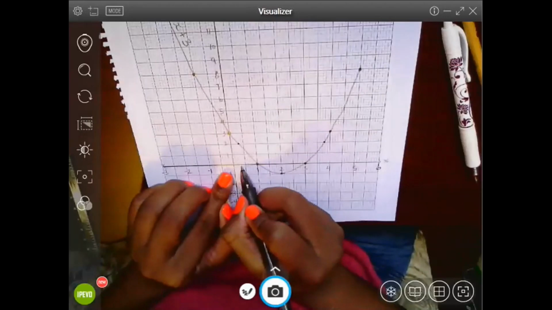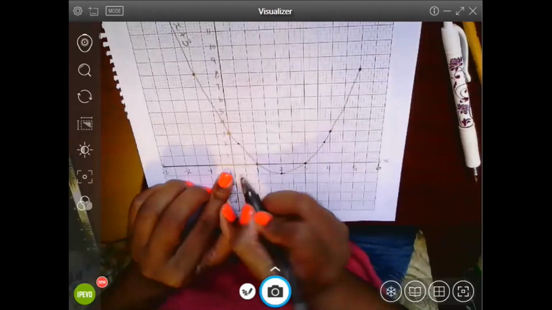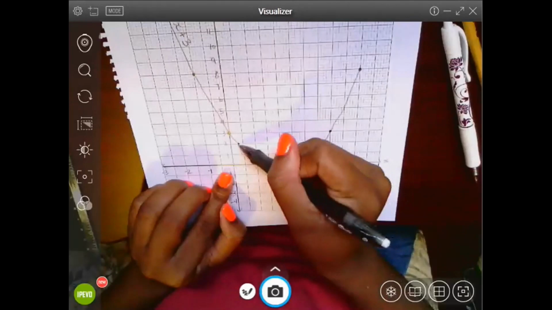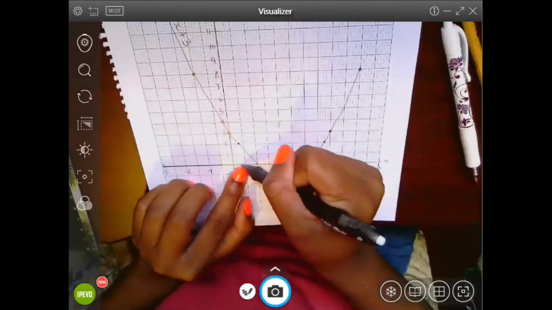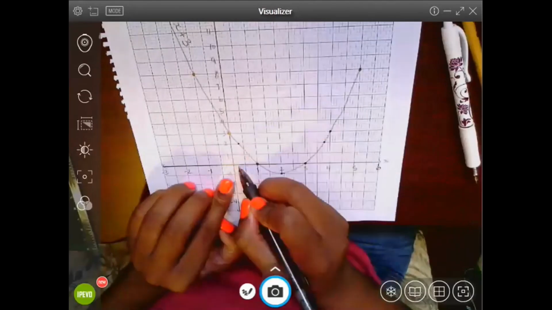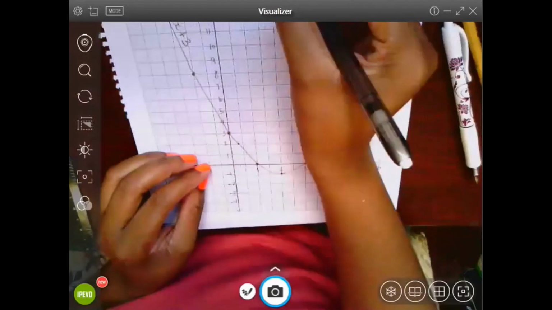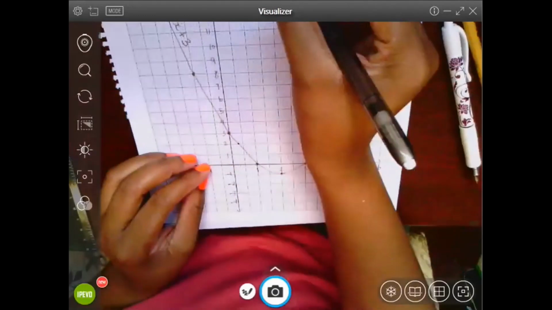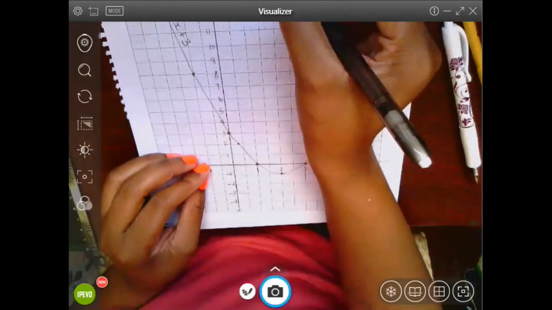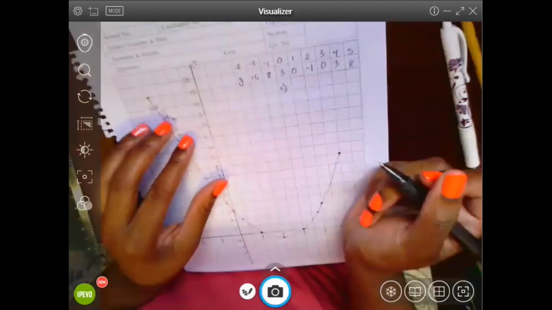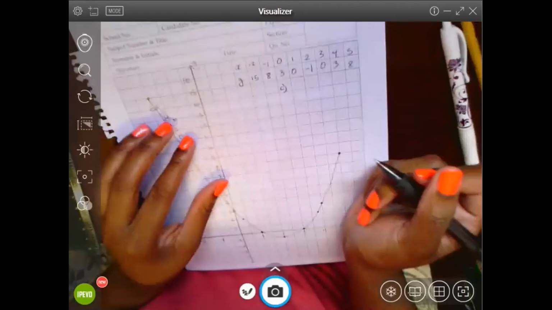And so I'm going to look clearly at where this is, and I count, that's 1, 2, 3 of the small lines over. So that's 0.3. That's question C. And I'm writing it right at the top. x equals 0.3.